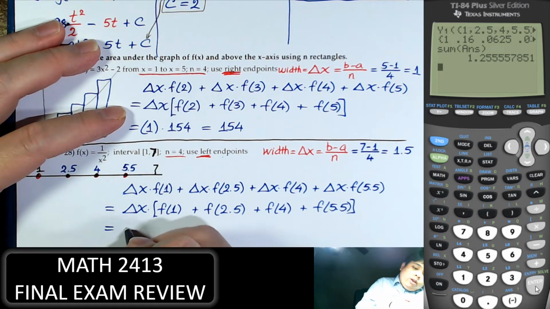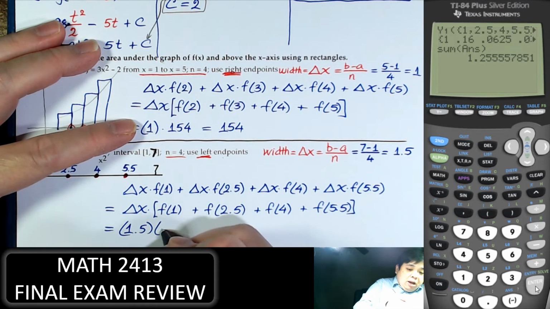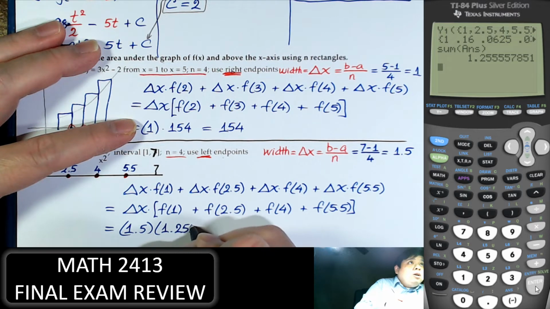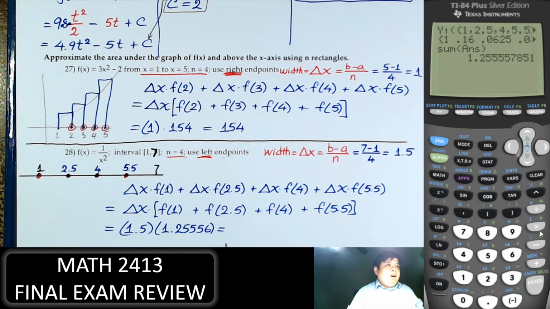Delta x, the width, 1.5, and multiply by that. Times 1.5.